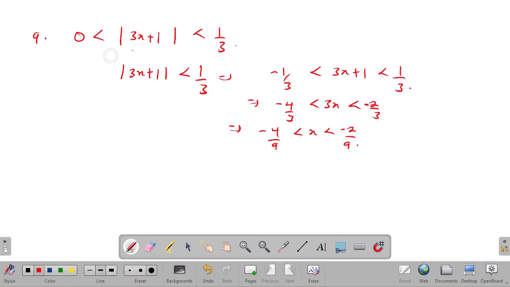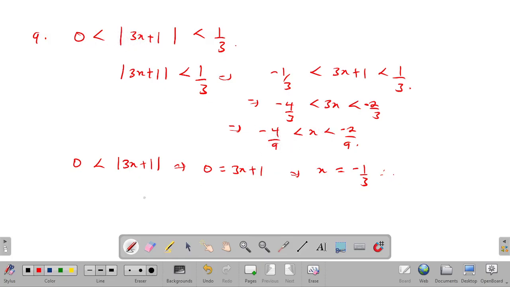But wait, we've omitted a condition. So we then come back to 0 less than the absolute value of 3x plus 1. What is this trying to say? This is just trying to say that we should omit 0. We don't need 0. So this implies that 0 equal to 3x plus 1 gives us an exceptional condition. Therefore, you say that when x is equal to negative 1/3, at this point, our equation is invalid because it's saying that it should be greater than 0, okay?